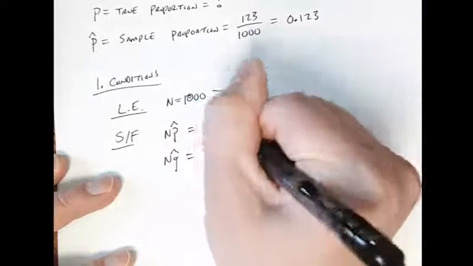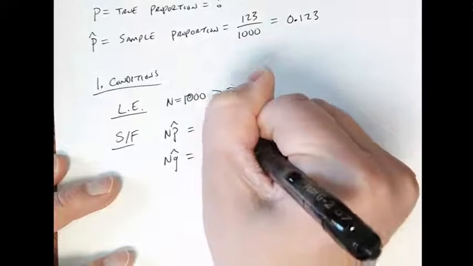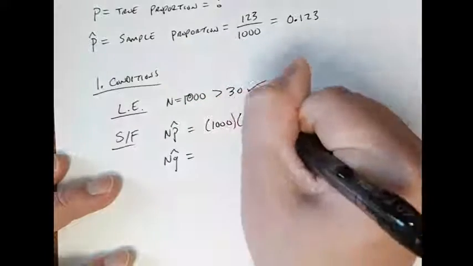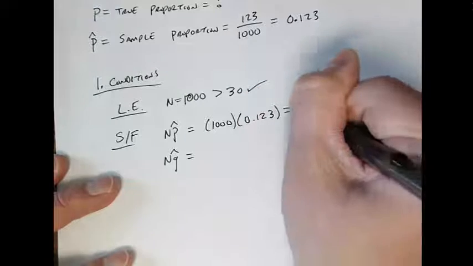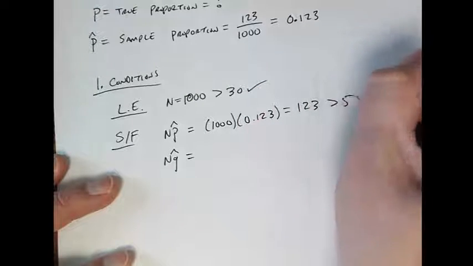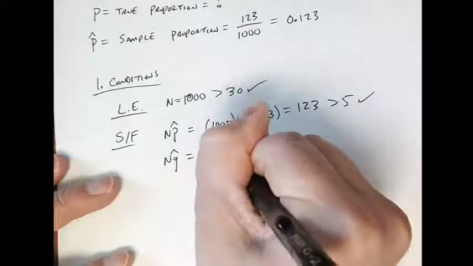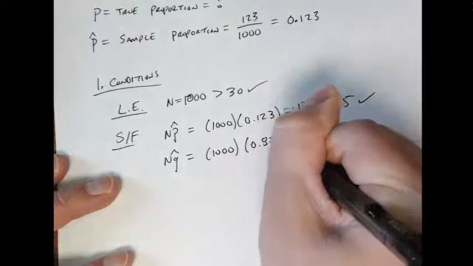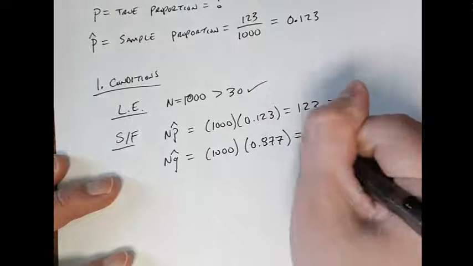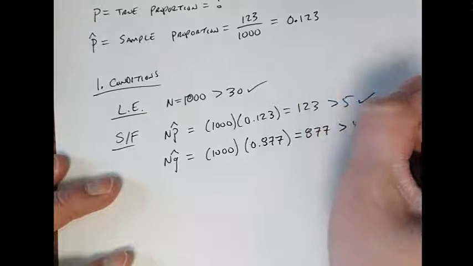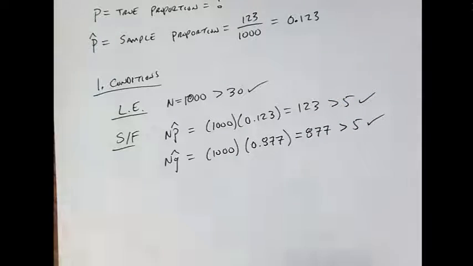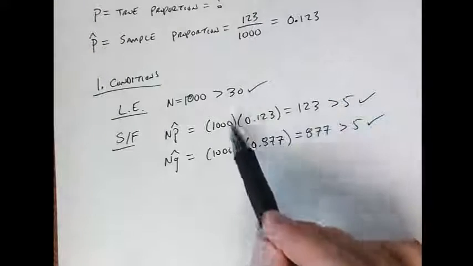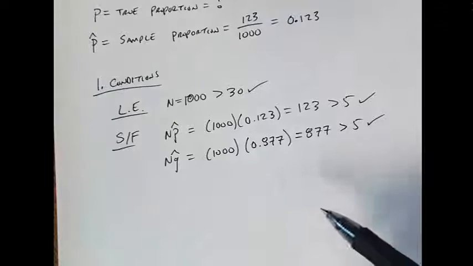We no longer have the true proportion, right? Because that is an unknown value. And Q hat, remember, is always just 1 minus P hat. So all conditions are met, and again, all three of these conditions have to be met to be successful.